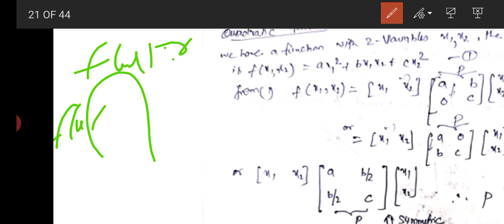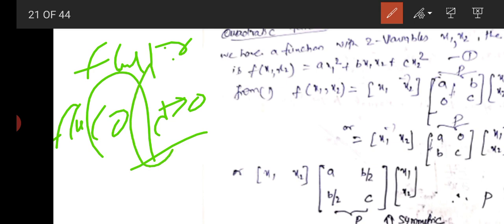When you differentiate the function on one side, f'(x) is less than 0, and on the other side, when you differentiate, you get greater than 0.